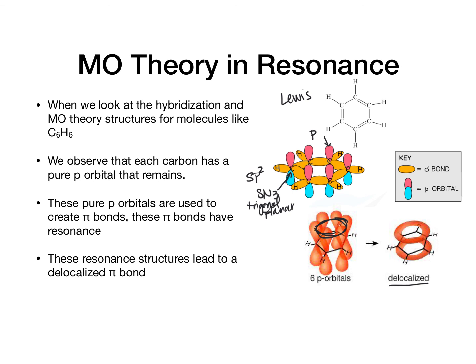One of the things that MO theory and hybridization really provide us with is the ability to look at a structure and say, okay, here's where we can see the electrons have gone. This is what molecular theory adds in addition to the VSEPR structures and hybridization and Lewis dot structures to give us more insight into how electrons behave in molecules.